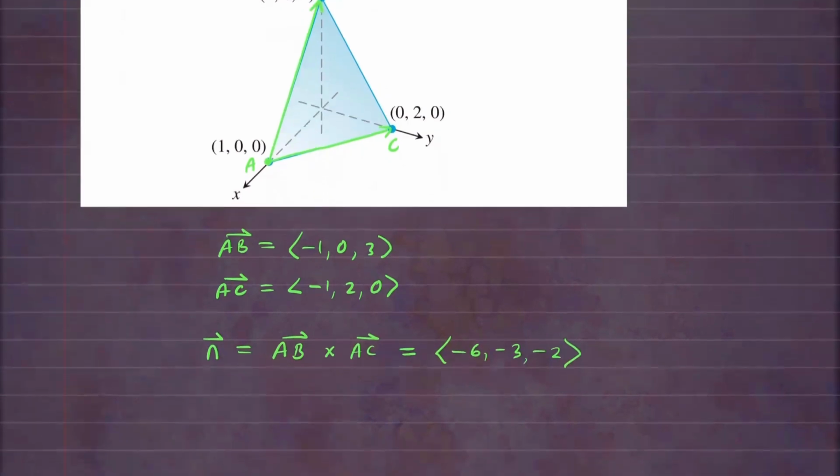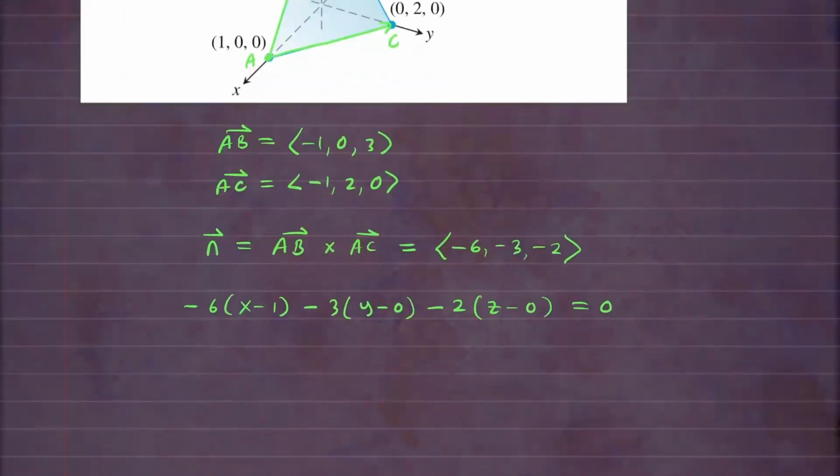I will just go ahead and write out the equation of the plane using this point A. So our equation of the plane is going to use its normal. That's -6 times x minus x0, minus 3 times y minus y0, that's 0, and then minus 2 times z minus z0, that's also 0, equals 0.